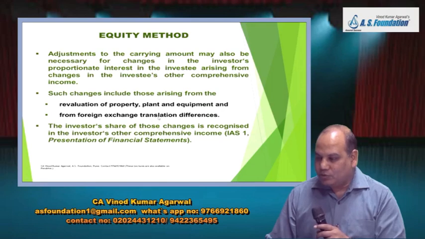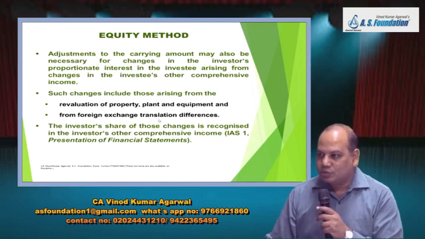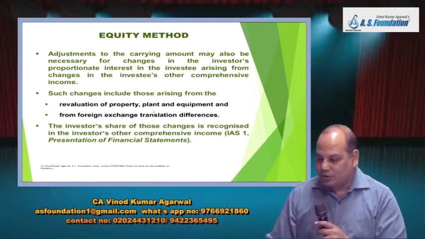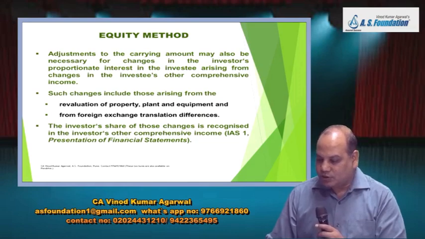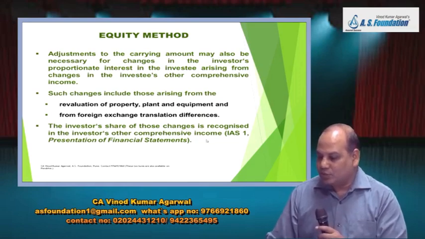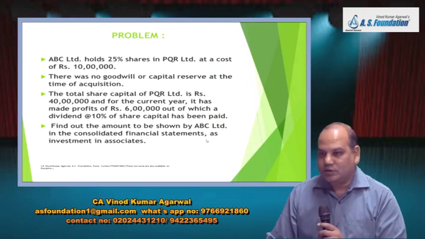Then fair value gain or loss recognized through OCI. Then hedging reserve routed through OCI. You will also give the effect in your corresponding OCI. The investor's share of those changes is recognized in the investor's OCI as per IAS 1 presentation.